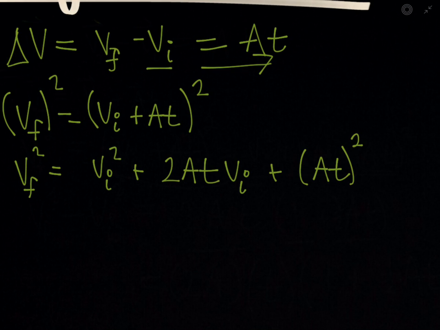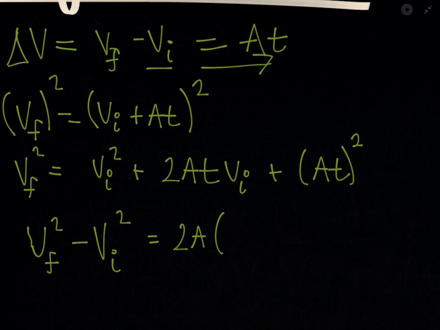The next thing I want to do is move the initial velocity squared over to the left side, the side with the final velocity squared. Okay, and that leaves us with this, and I'm going to factor out a 2a, and you'll see why in a second.